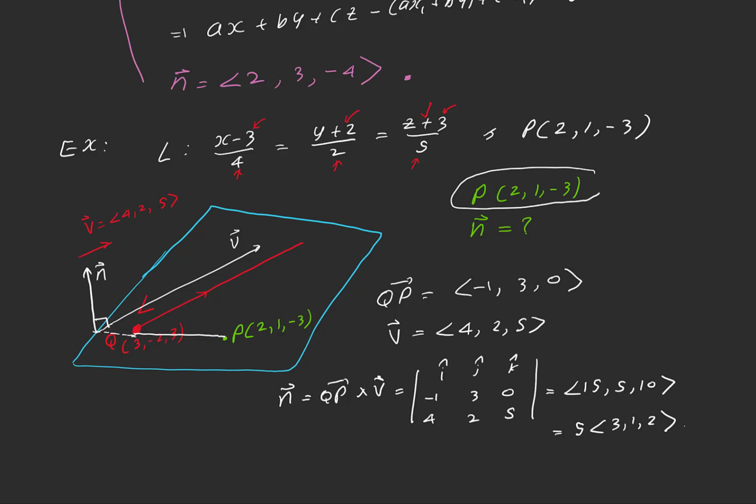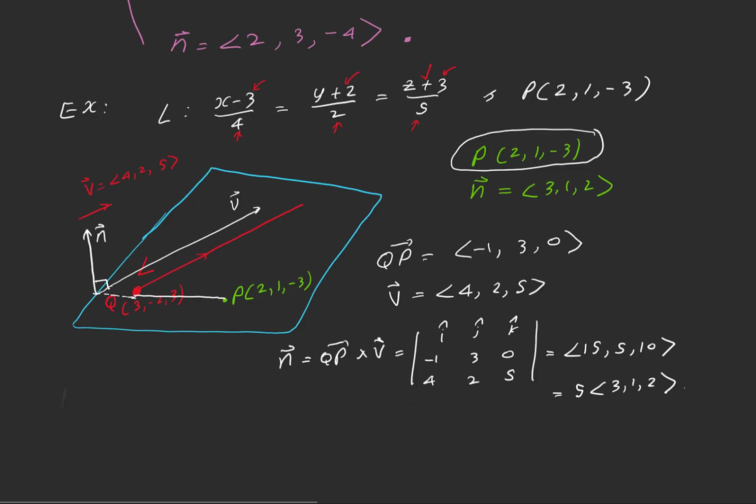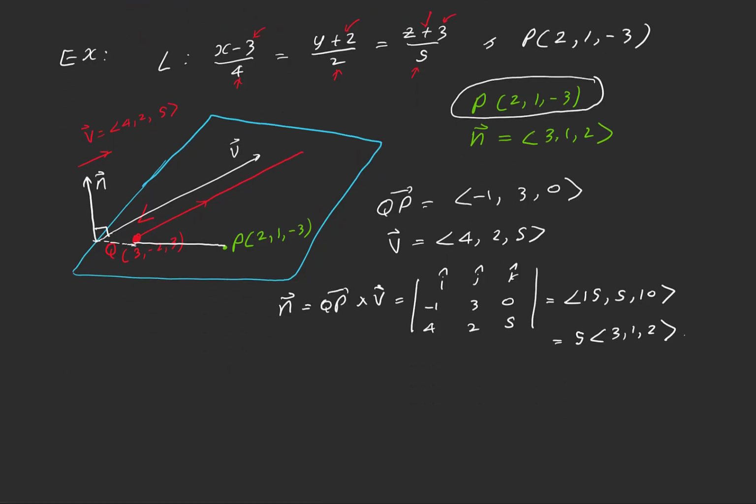Alright, now we know a point, yes, we know this point, and also now we know n. What is n? I would like to say 3, 1, 2. Now can we write the equation? Yes. We know the equation is a times x minus x1 plus b times y minus y1 plus c times z minus z1 equals 0.